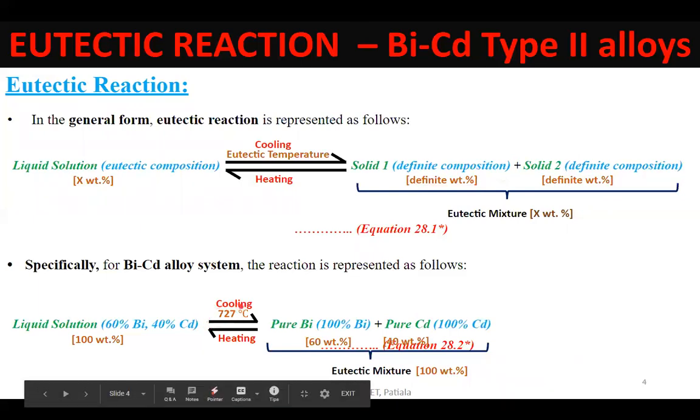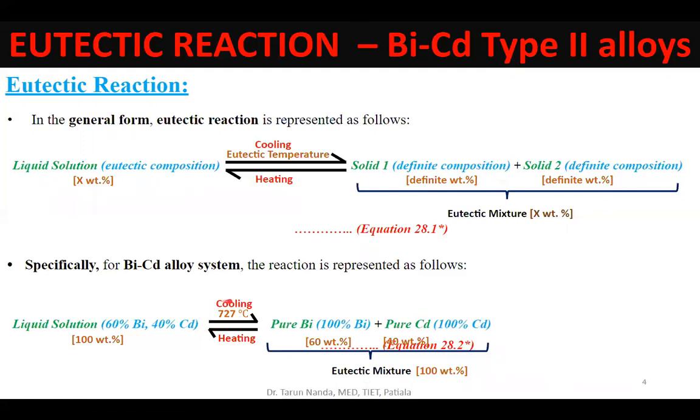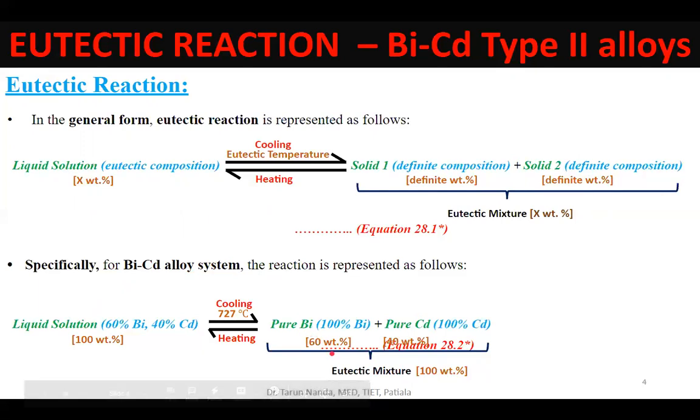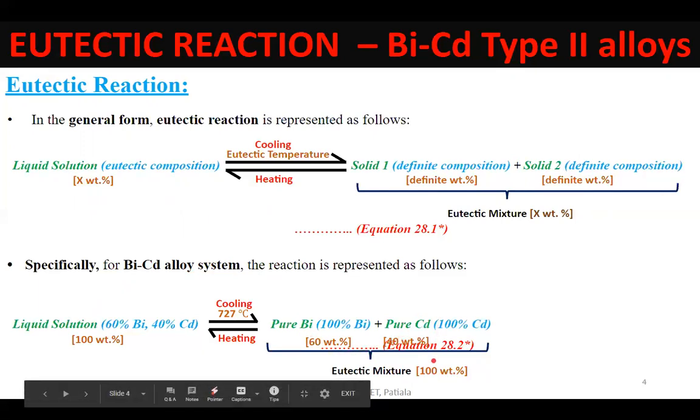By mistake, this is written as 727. I'll correct it. So if you have liquid solution of eutectic composition present during cooling at the eutectic temperature, the liquid will transform into pure bismuth and pure cadmium. This would be 60% by weight and this would be 40% by weight, and this is the eutectic mixture.